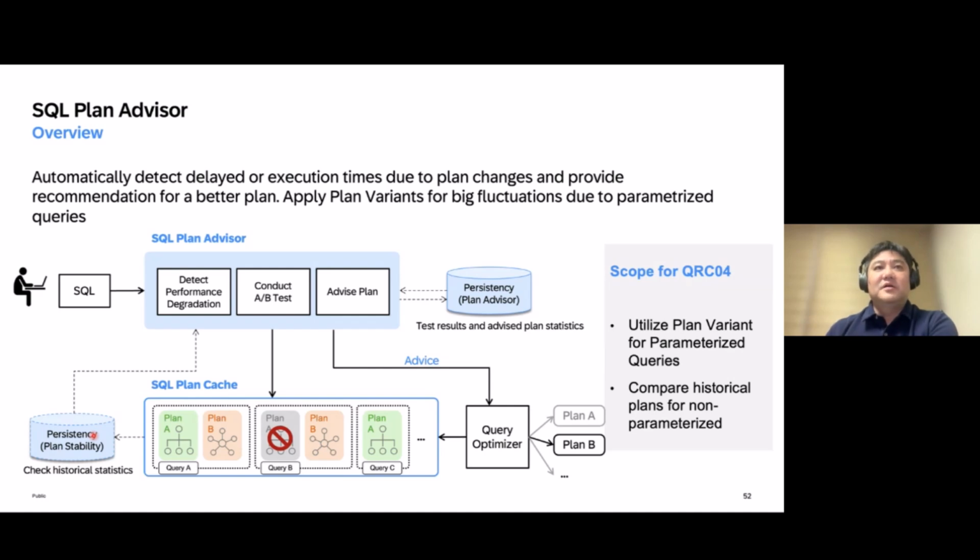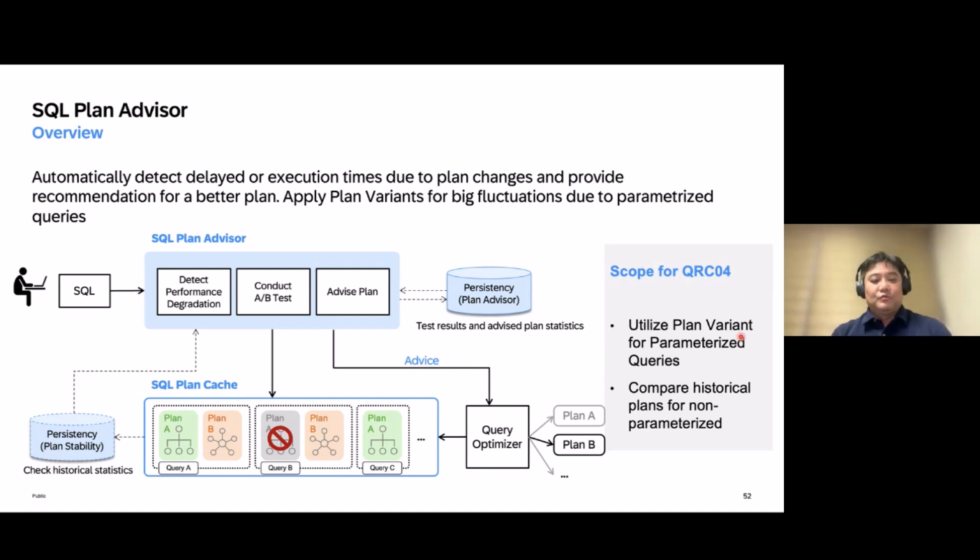And the second part is for parameterized queries, where in QRC02 we introduced the plan variant. And now we have integrated plan variant into the SQL Plan Advisor so that it automatically detects that a query's performance is fluctuating due to different parameter values, and we apply the hint to use the plan variant automatically.